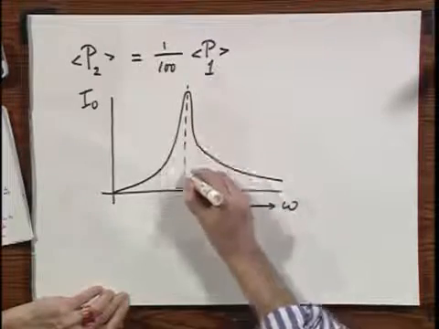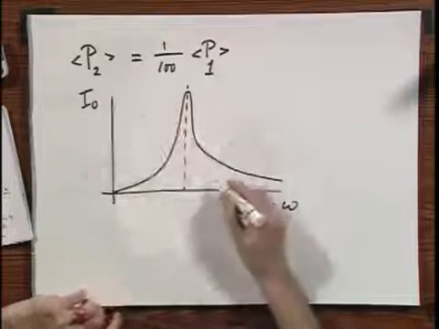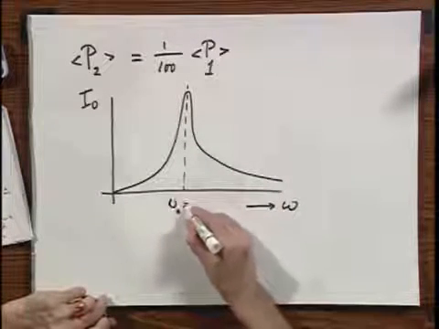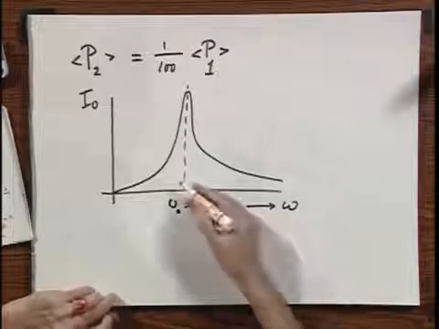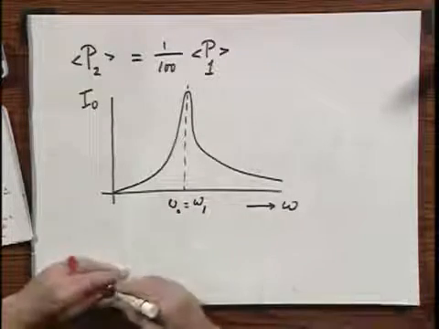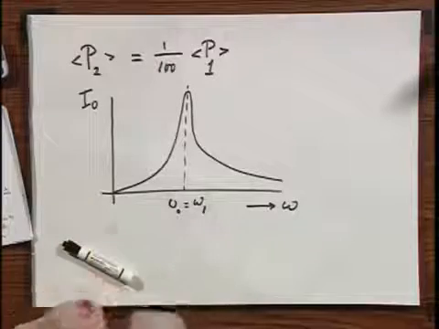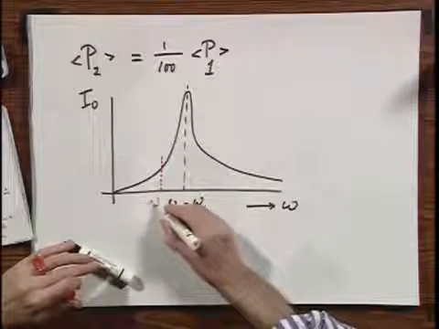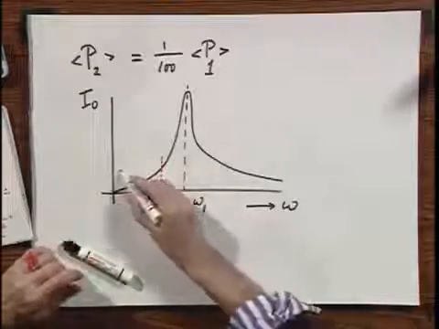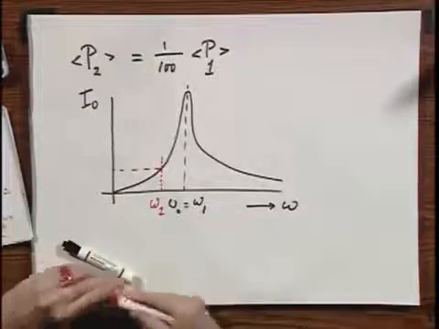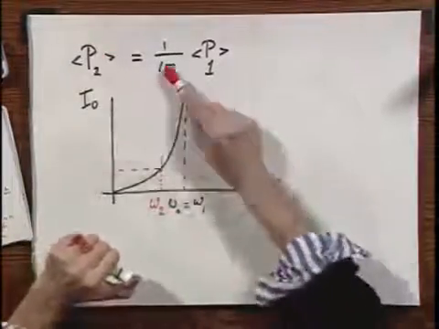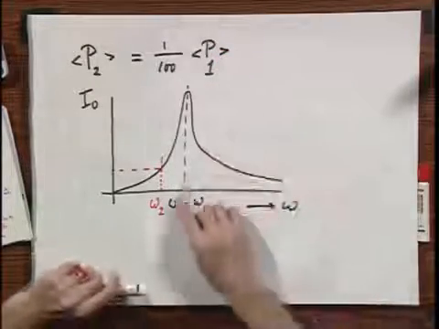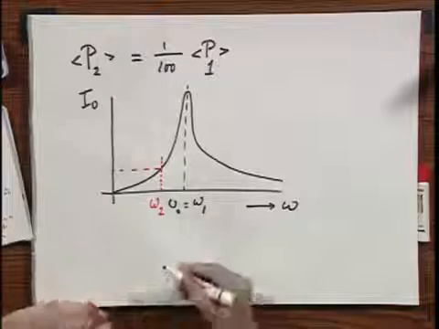And right here at the maximum value for I0, which is the resonance frequency, omega 0 equals omega 1, because that's the way I have tuned the system. And now my second frequency comes in here, and so you see that the current is highly reduced, to the point that the power is only 1/100th that the resistor receives from station number 1.